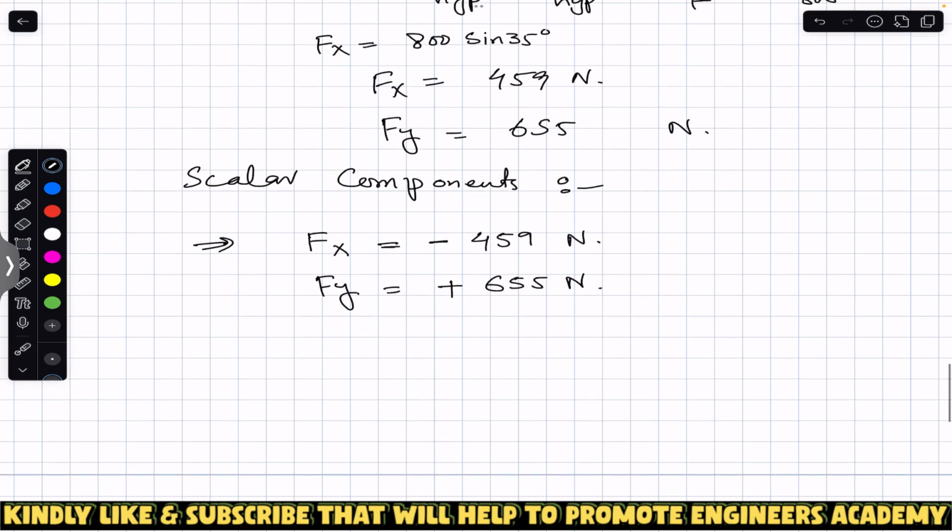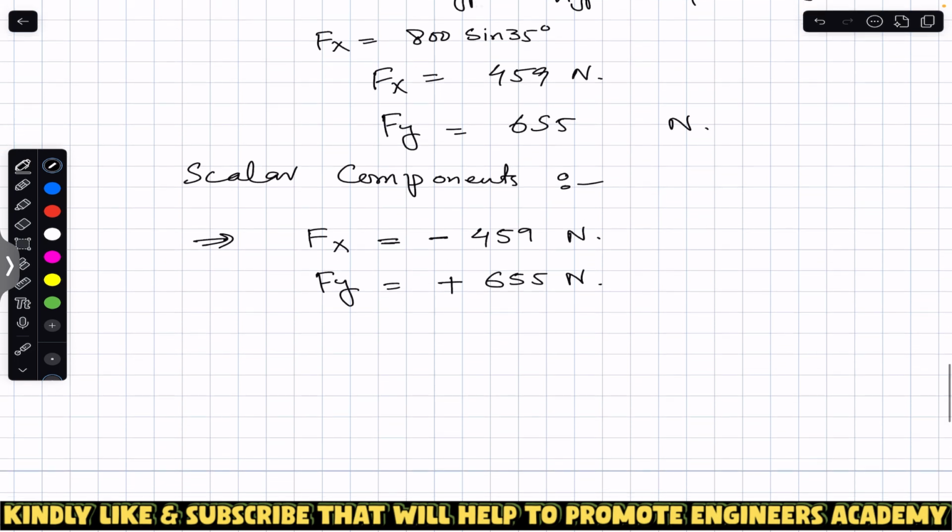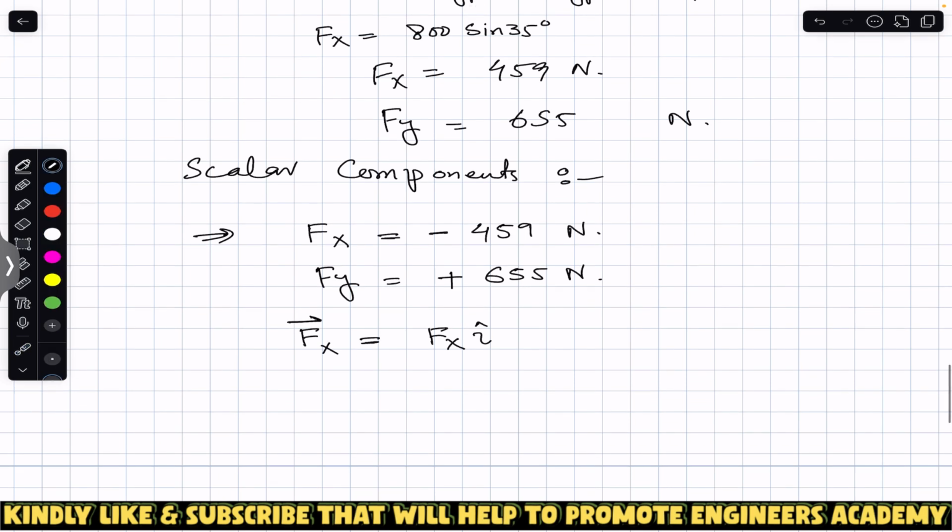And similarly, if we write these f of x and f of y as vectors, then we can say that f of x vector is equal to that f of x magnitude multiplied by its corresponding unit vector. So since f of x is acting in the x direction, in the x we have the I unit vector, so f of x multiplied by that I. So f of x is the scalar component, which is minus 459 into unit vector I Newton.